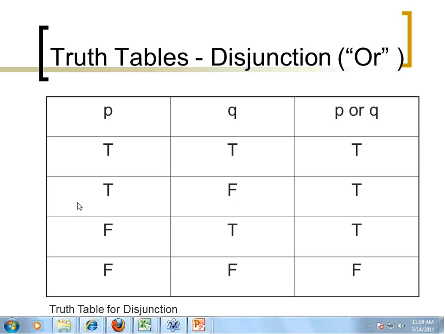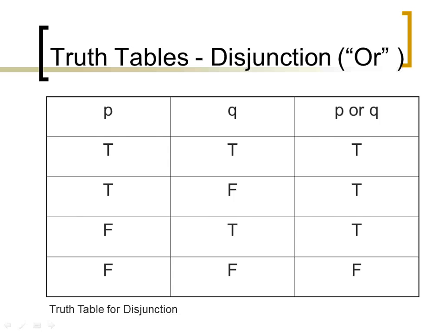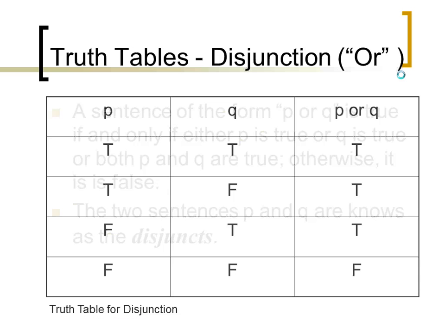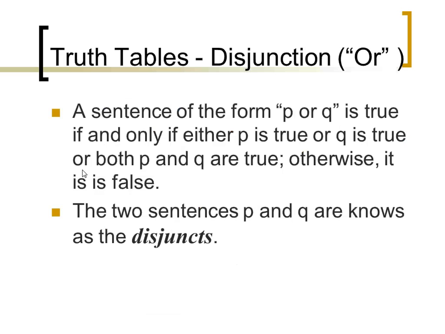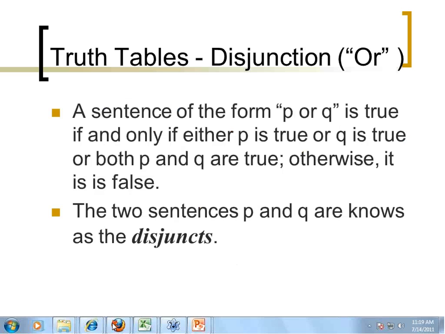All right. Are there any questions on the OR table or the disjunction truth table? Okay, since there are no more questions, let's move on to the meaning behind the OR truth table.